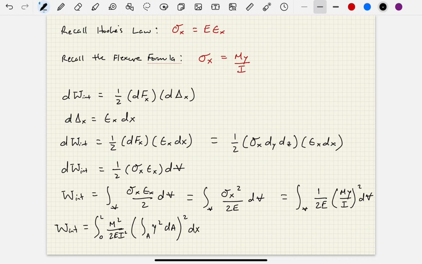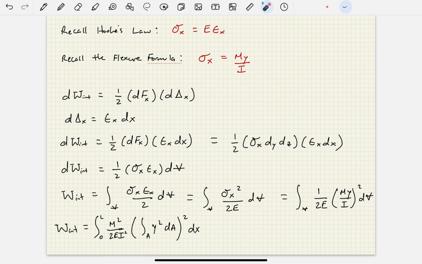So I did two things here. Here I broke this d volume into a dA dx, and then I also did a little bit more algebra to repackage something unique that's going on here.